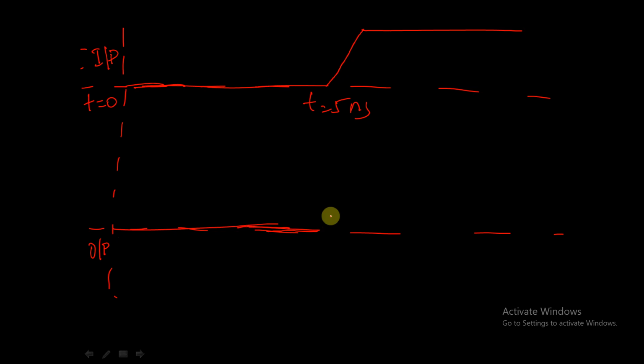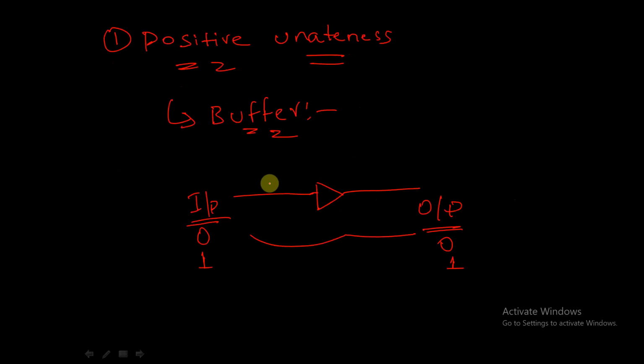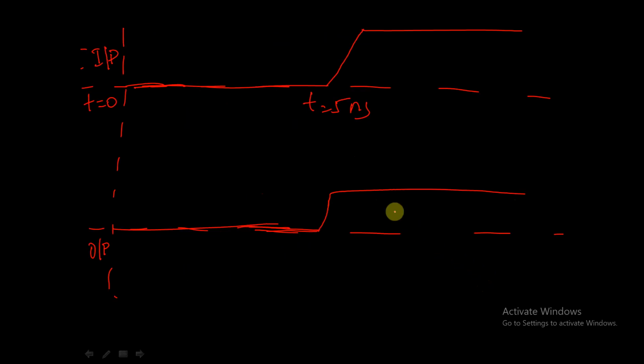The output also follows the input signal, right? In case of buffer, if we apply 0, output will be 0, and if we apply 1, output will be 1. Is it clear? So here the output is changing with respect to the input, so it is called positive unateness.